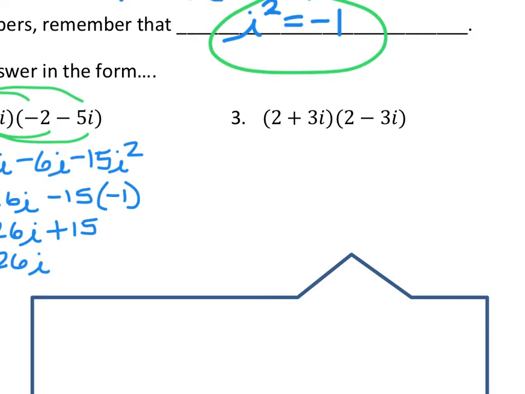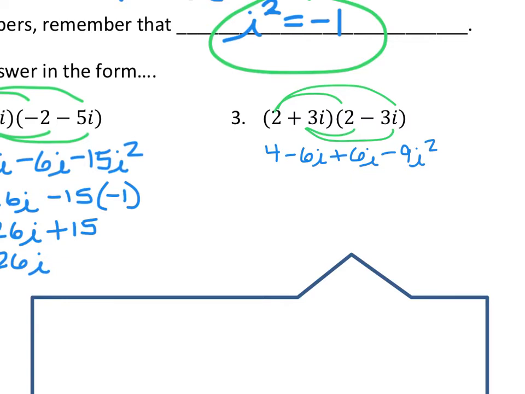And something interesting happens when we have binomials that look like this. So let's observe. 2 times 2 is 4. 2 times negative 3i is negative 6i. 3i times a positive 2 is a positive 6i. And negative 3i times a positive 3i is negative 9i squared.